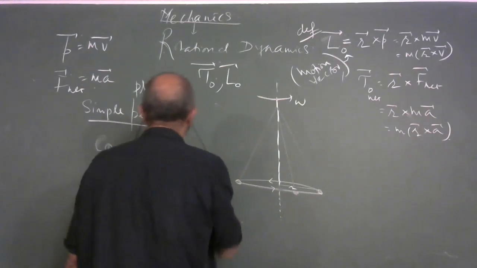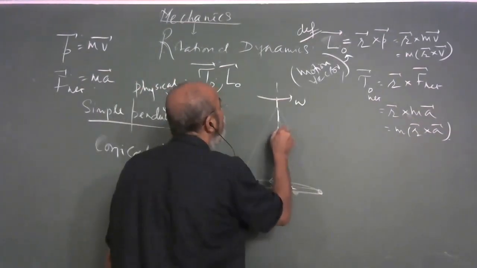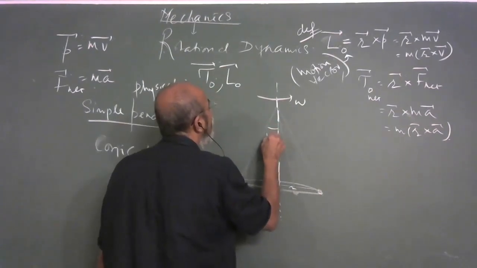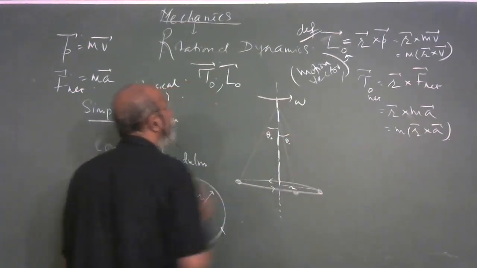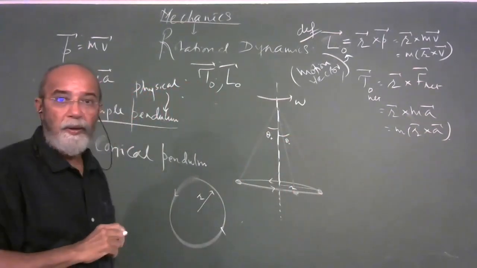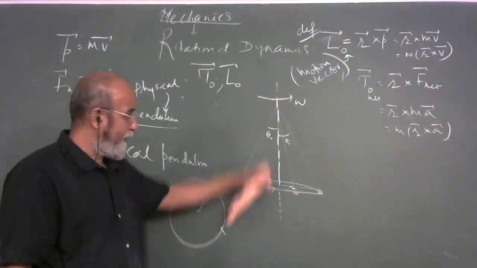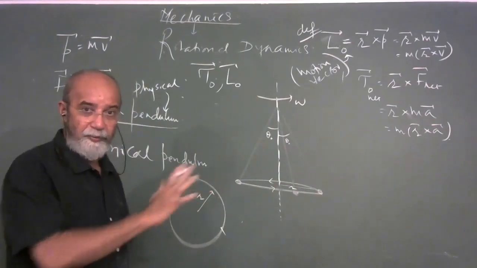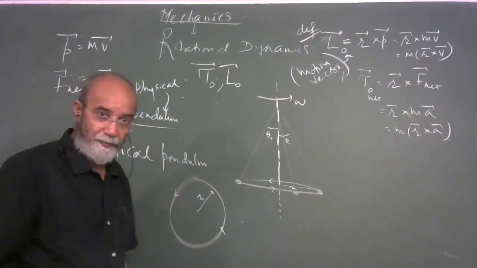A conical pendulum, when I say, will have a fixed half-angle of the cone, theta naught.